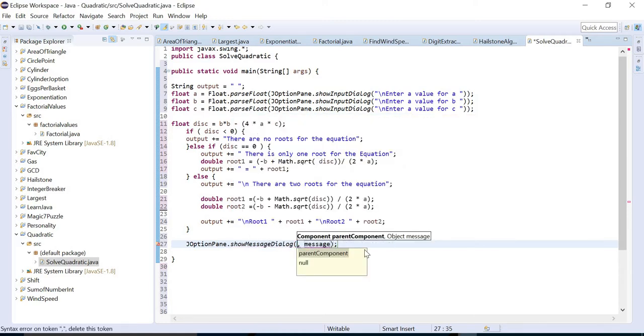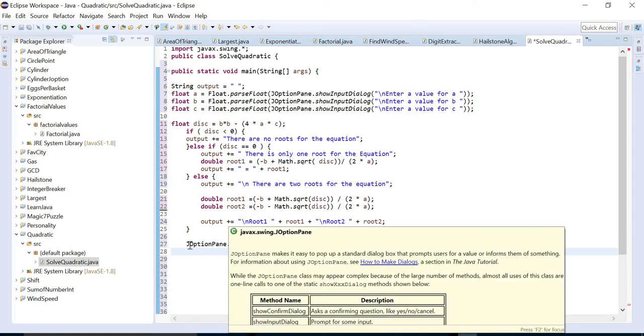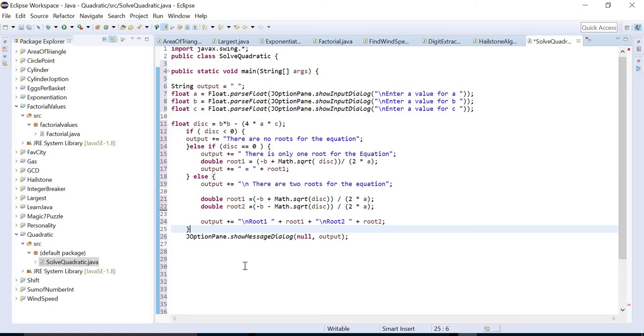Null. You have to put null and then output. That's what you have to do. Okay? So you have to show the message dialog, null, output, and then we can end there, I believe. Hold on. Yeah, I don't need that. It doesn't matter. I don't need that one, apparently. I closed this already.